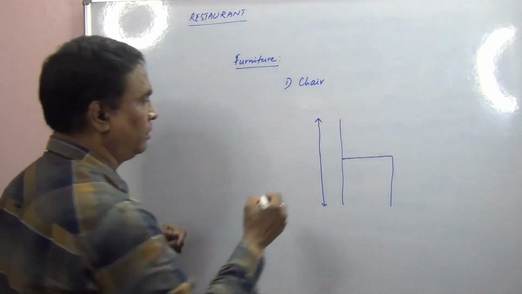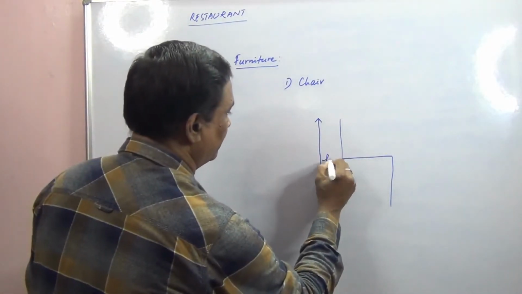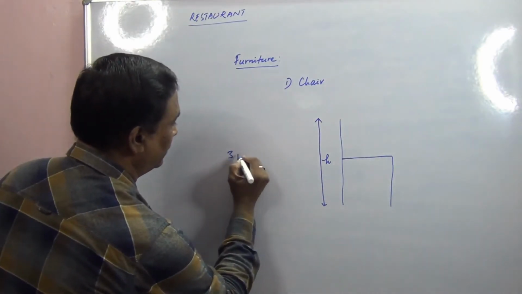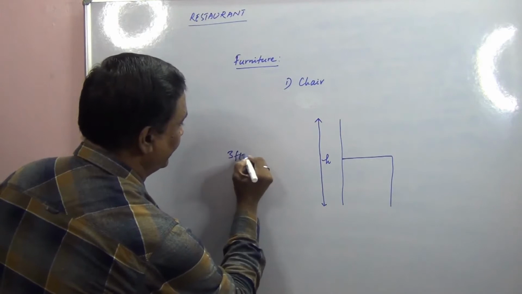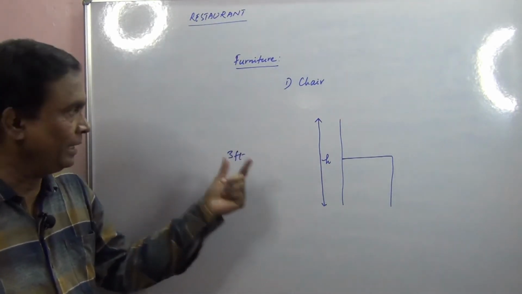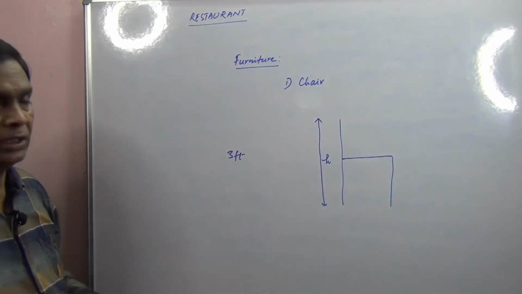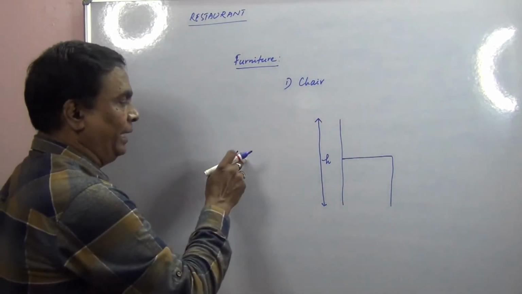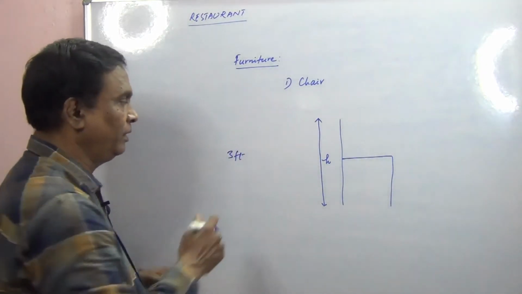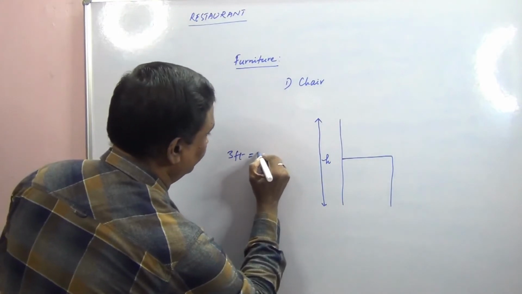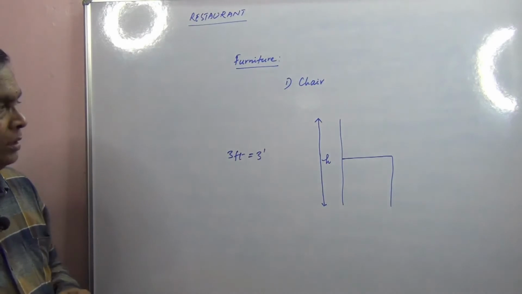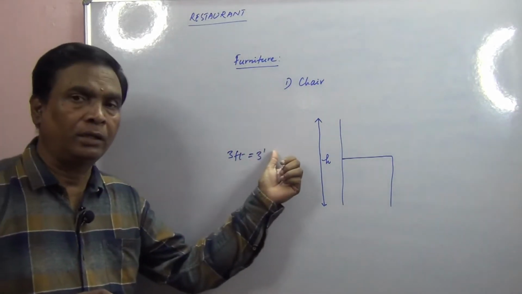This is said to be height, is 3 feet. The height of a chair is 3 feet, and 3 feet can also be written another way, like this: 3 feet with a single quote.